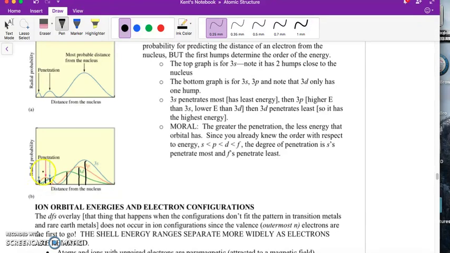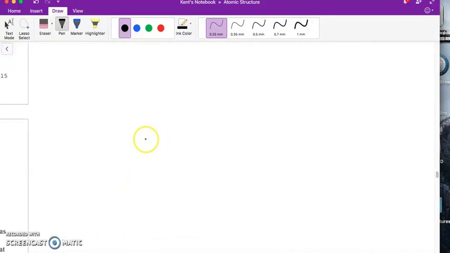So let me try to put this in English. Because the electron spends a significant amount of time extremely close to the nucleus for the S subshell, it minimizes the energy. That's the best I can say it, and that's what I think they expect you to be able to say. So that's the explanation to this.